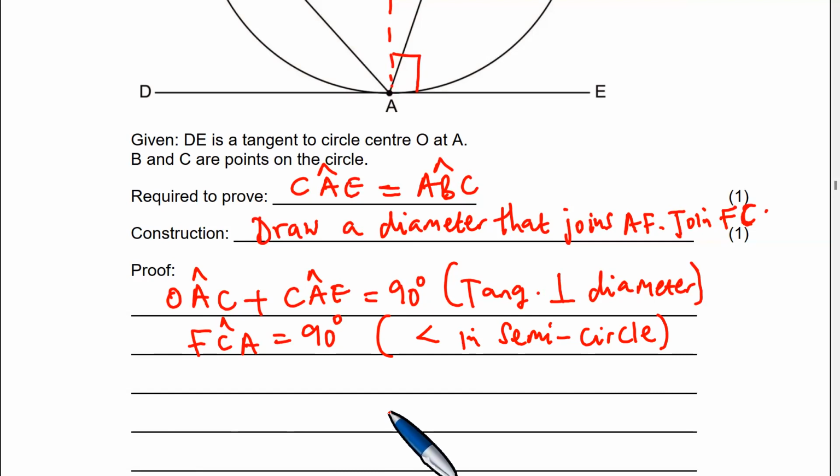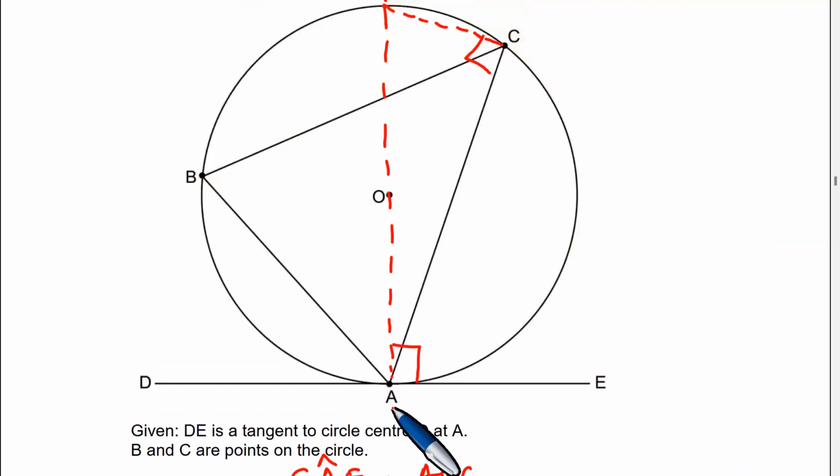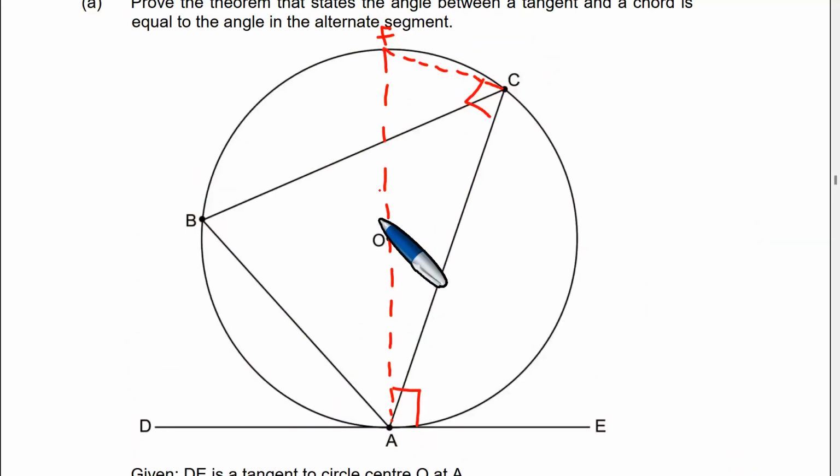And what is the meaning of these? So we also note, therefore, that angle OFC plus angle OAC equals 90 degrees. Because this is 90 degrees, when we add these two angles we must get 90, because angles in a triangle must give 180 degrees.